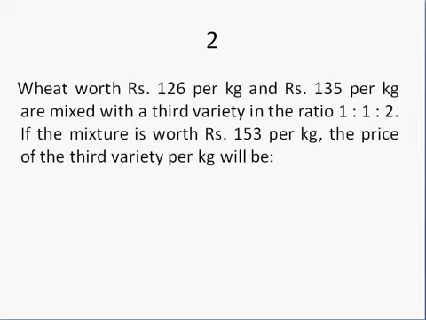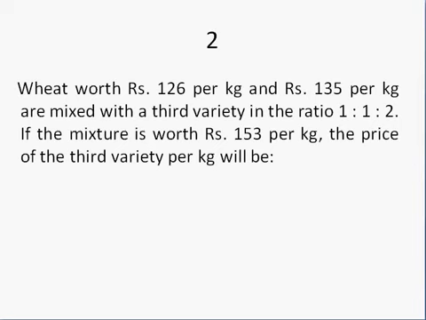Okay, so here we have three varieties. It is very difficult to compare three varieties to get a mixture of one variety, right? So what's the easy step to crack this problem? You look at the ratio. Ratio is given to us. It is 1:1:2. Now if you compare the first two varieties, and we already know the cost of those two varieties, the ratio is 1:1.